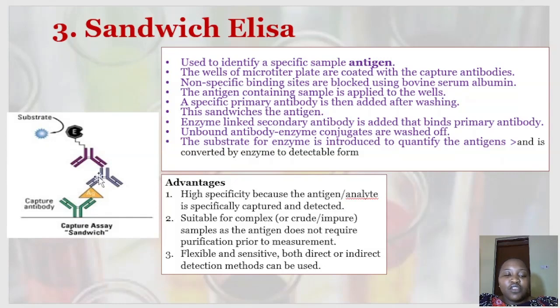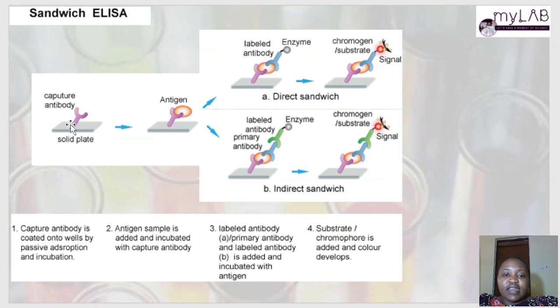Then you add another antibody, which is now your primary antibody. It also recognizes another epitope on your antigen. Finally, you add your secondary antibody. The beauty of this test, as in this other diagram, is that you can do it both directly or indirectly, so we have direct ELISA and indirect ELISA.